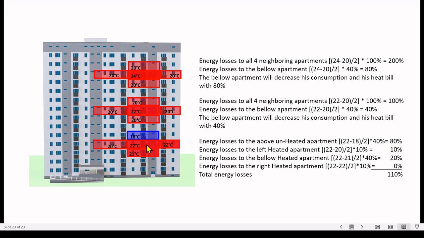Now we have 1 degree, 22 minus 21 divided by 2, or again 40% of ratio of area from total area for all four intersections, which will mean 20%. And in this case, for the right, we have the same temperature and the difference of temperature is 0, so energy losses are 0. And total is 110%.